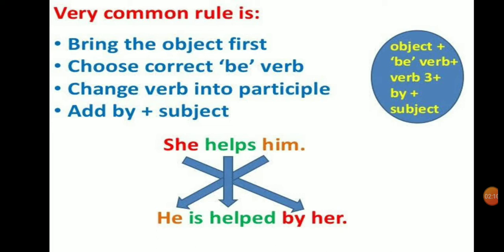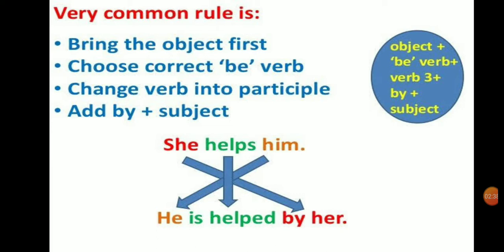So bring the object first. Second, choose the correct be form according to the sentence. Third, change the verb into participle. It means that in every sentence we use only the verb third form, the past participle form. And last, before writing the subject we add by, then we write the subject.